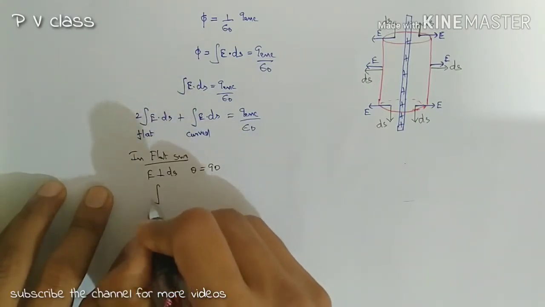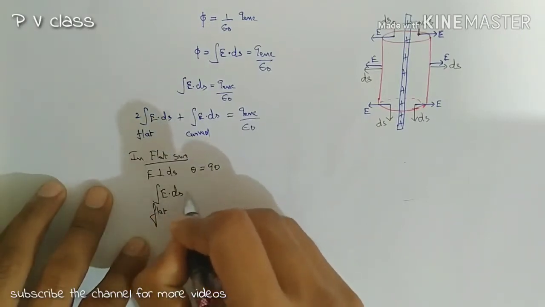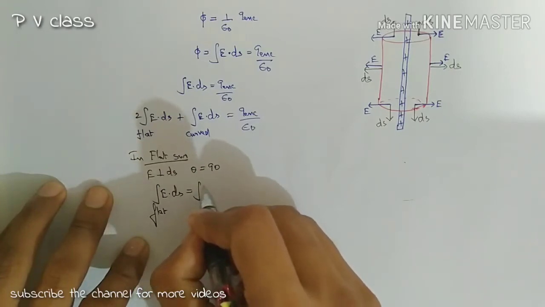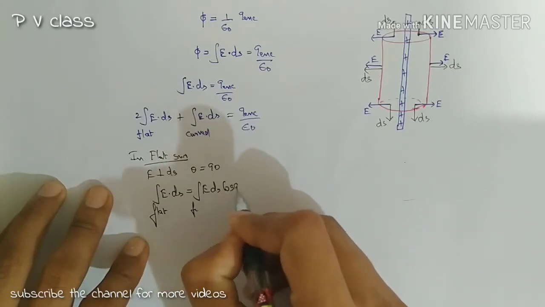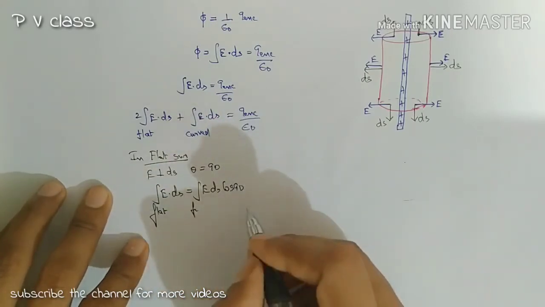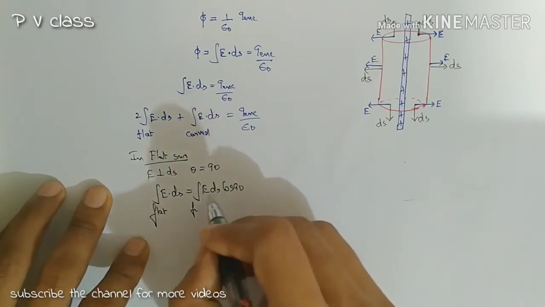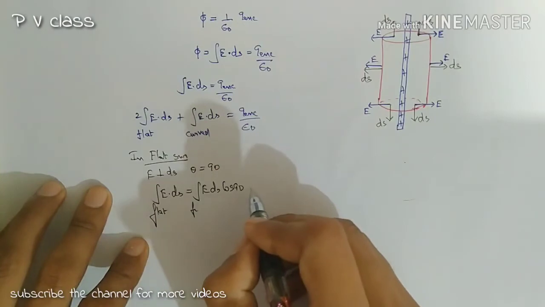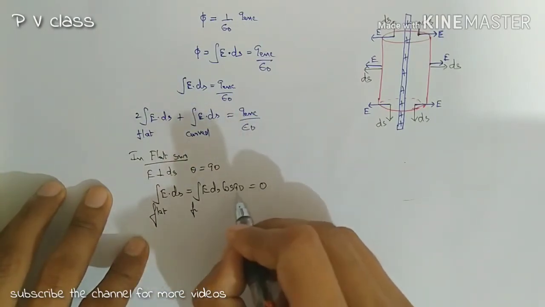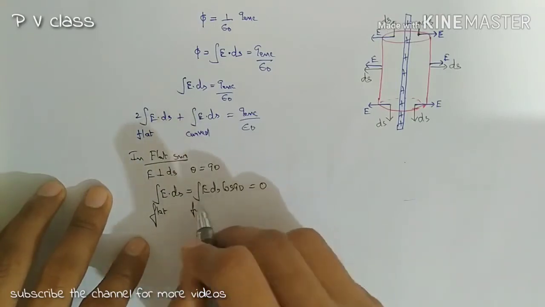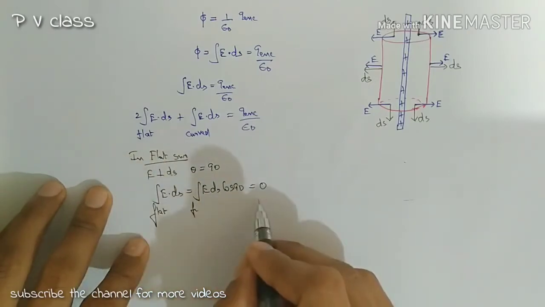Then what I could write is integral flat E dot ds could be rewritten as integral flat E ds cos 90, and you know the value of cos 90: cos 0 is 1 and cos 90 is 0. Therefore on the flat surface, integral of E dot ds will become 0. Since cos 90 is 0, the whole integral of E dot ds will become 0. Therefore on the flat surface, this is the situation.